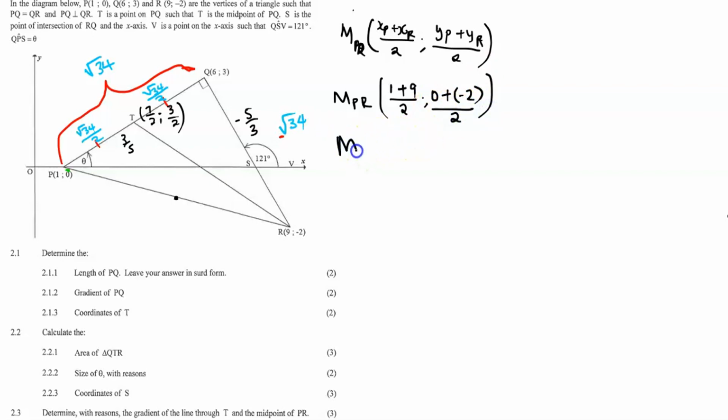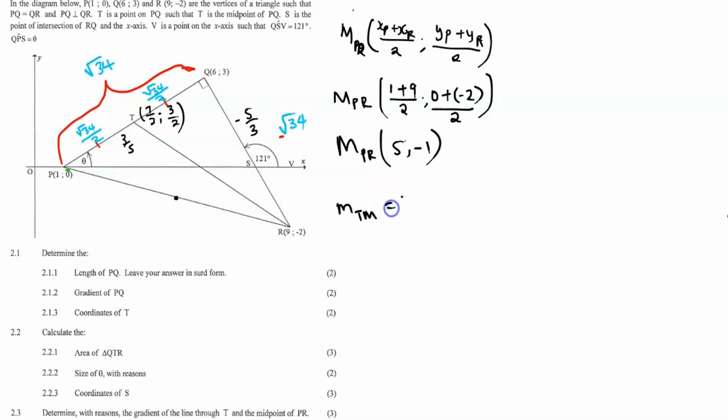And then we find that the midpoint of PR is 10/2, which is 5, and 0 minus 2, -2/2 is -1. And then now we have to find the gradient of TM.